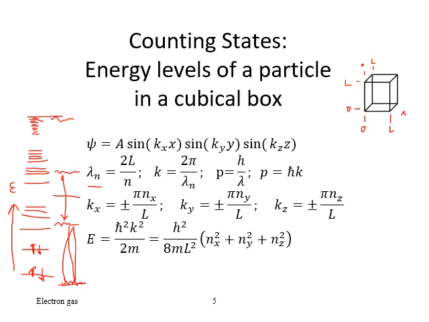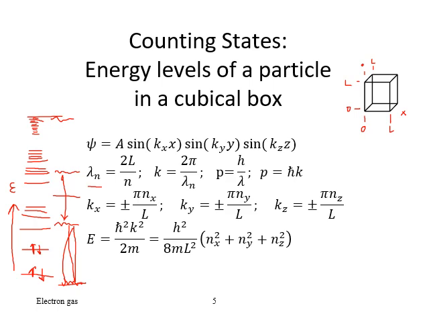But we know what the wave vectors are. So the allowed energies in the system will be Planck's constant squared divided by 8 times the mass of the particle, the length of the side of the cube squared, times nx squared plus ny squared plus nz squared, where nx, ny and nz have to be integers.